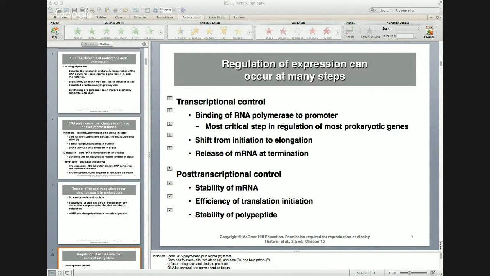Name one of the consensus sequences found in the promoter, or the location, I should say, of one of the consensus sequences to which RNA polymerase binds. Anyone?